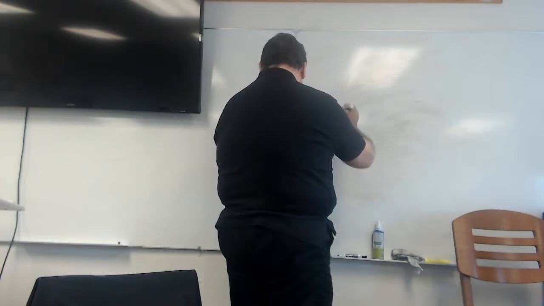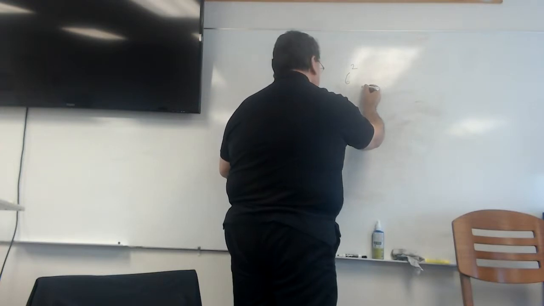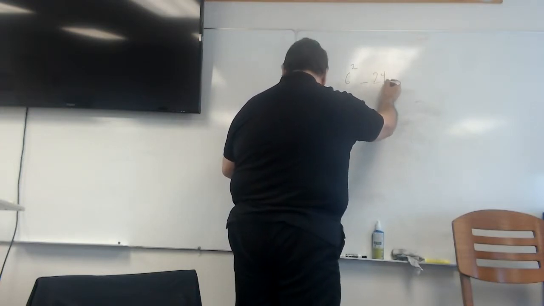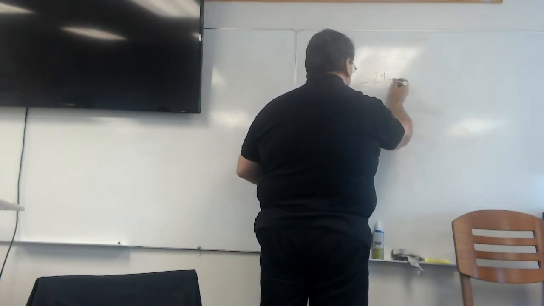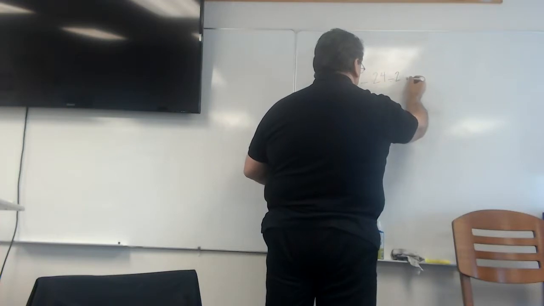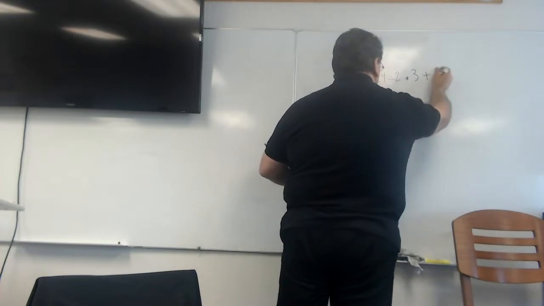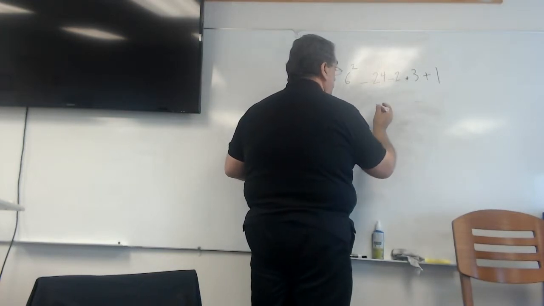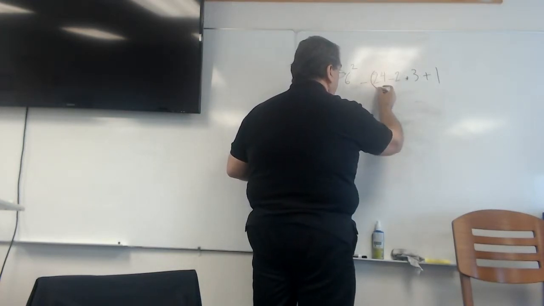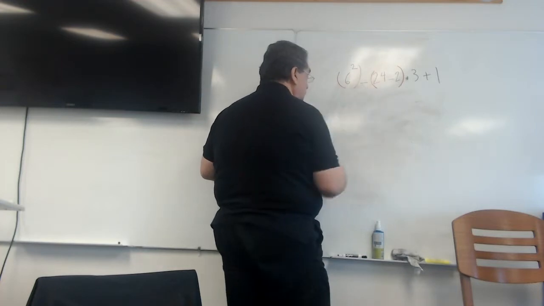So we have 6 to the power of 2 minus 24 divided by 2 times 3 plus 1. To make it simplified, if you put the parentheses around here, it makes it easier to understand.